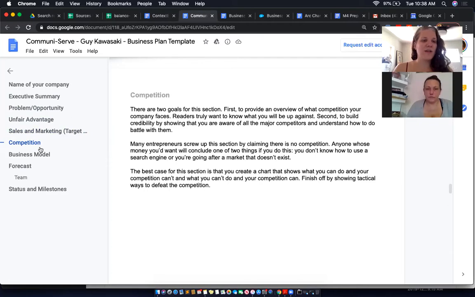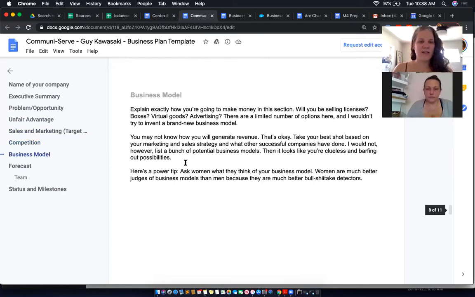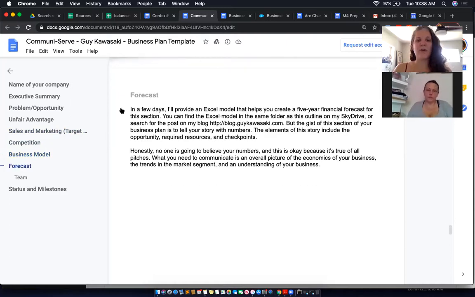So it's kind of repeating some of the unfair advantage piece. Business model, this is how you actually make revenue. So the business model canvas is great for this. You can also have visuals or workflow visuals here. Forecast is the financial projections, which we'll come back to later.